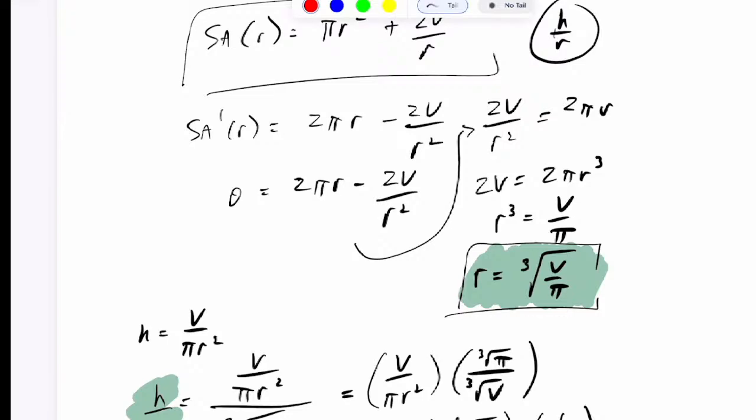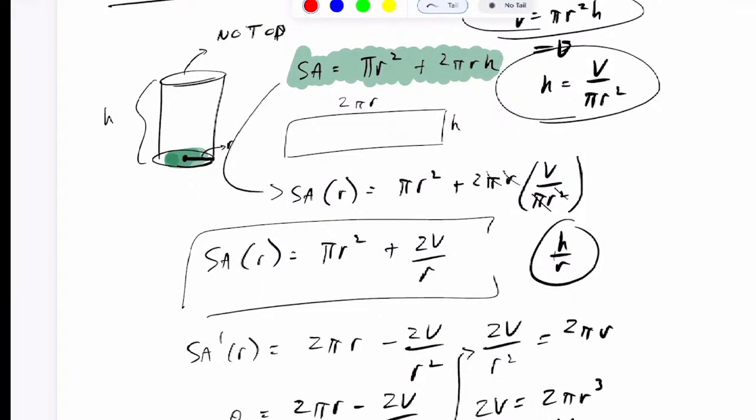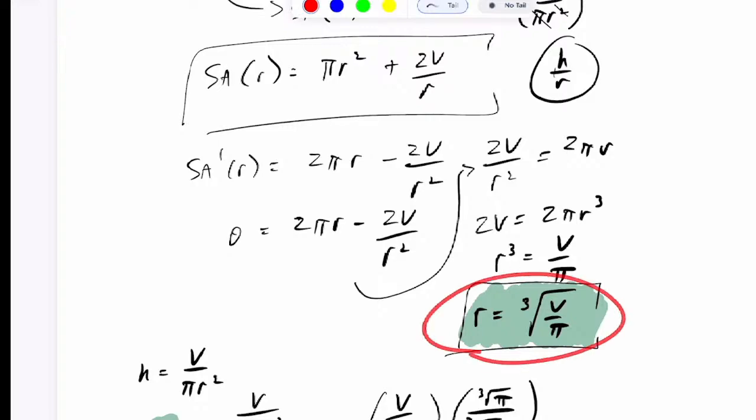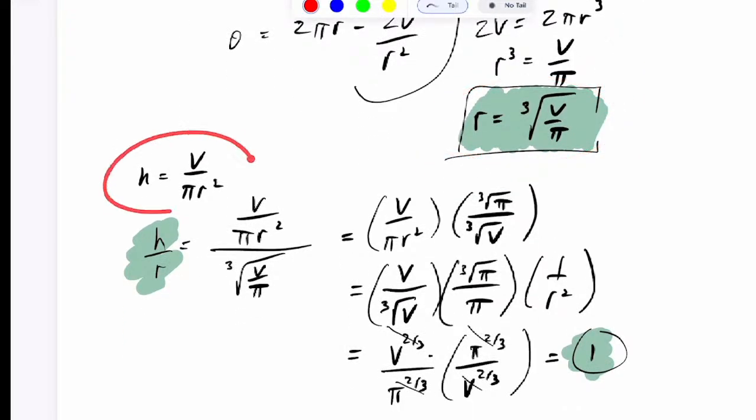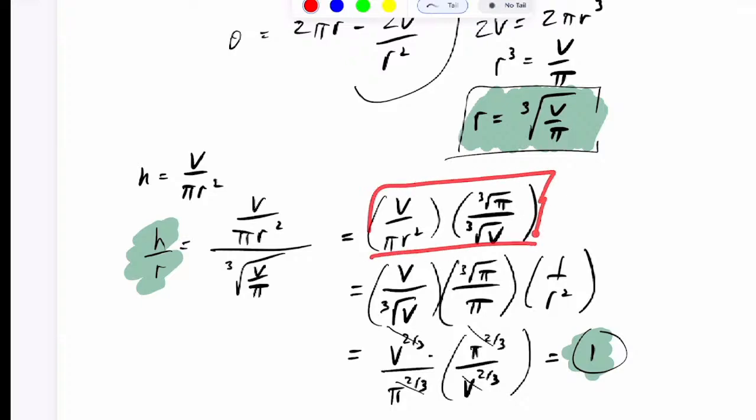So the idea with 14, to outline it, is I treat it like a normal problem, take my first derivative, solve for r. I got a representation for r, and then I subbed it into my formula. I have this equation for h, so I did h over r. I just subbed it in, and then you have your algebra here.